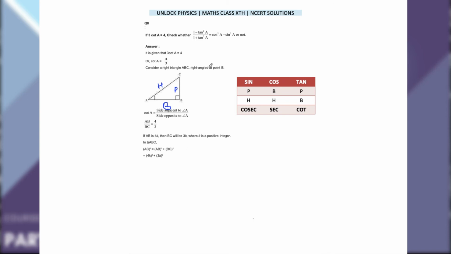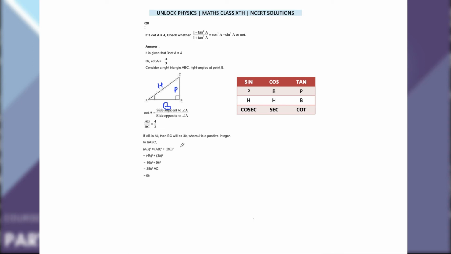Again, if AB is 4k, then BC will be 3k, where k is a positive integer. In triangle ABC, we have AC square is equal to AB square plus BC square. So we have 4k squared plus 3k squared. AC is equal to 5k.